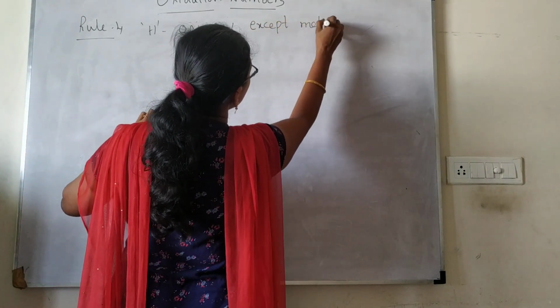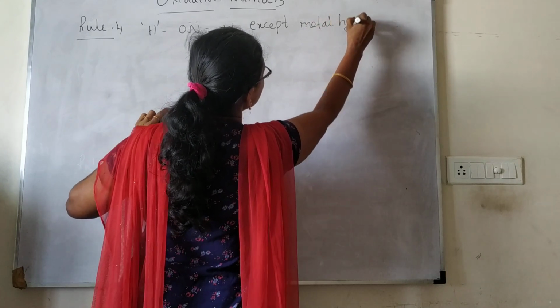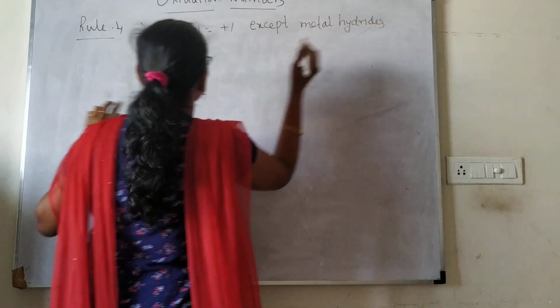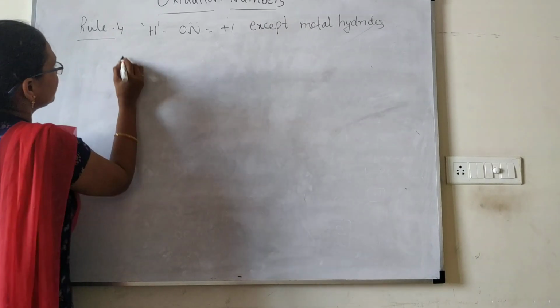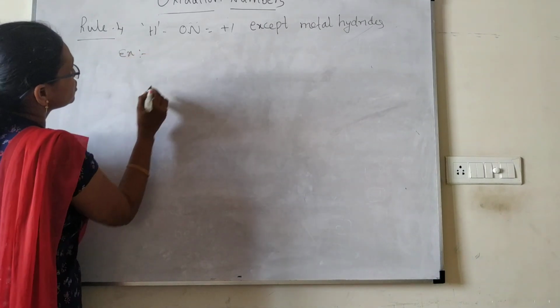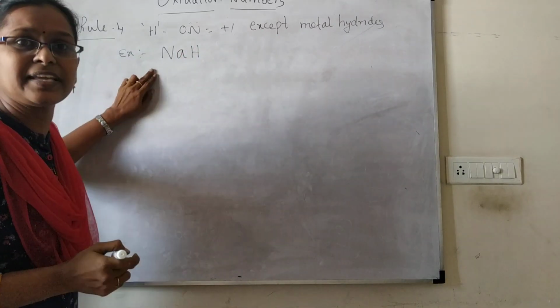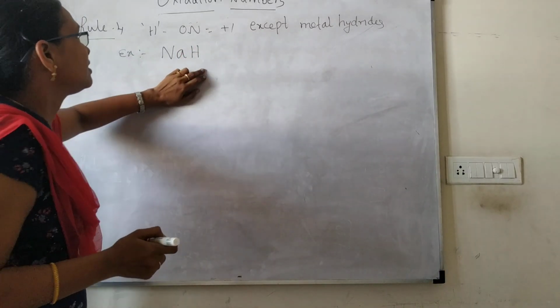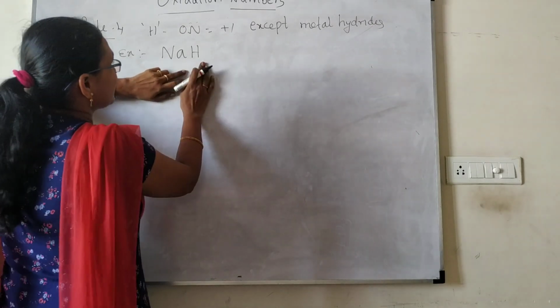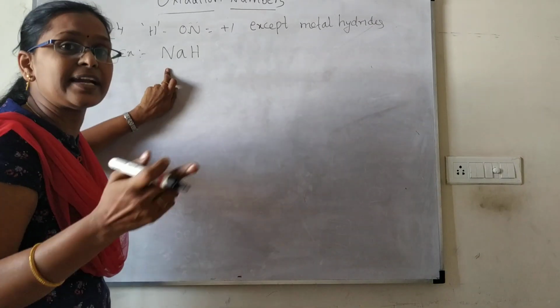But some exceptional cases are there. Except metal hydrides. For example, sodium hydride, NaH. Okay, the name of this is sodium hydride. In all the hydrides, a metal is reacting with hydrogen.